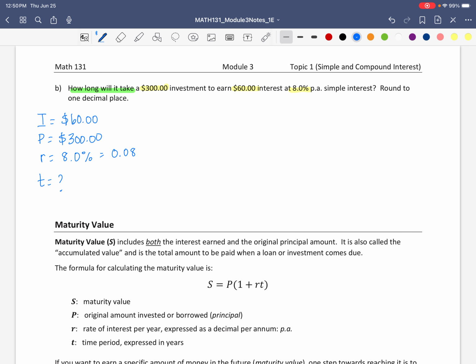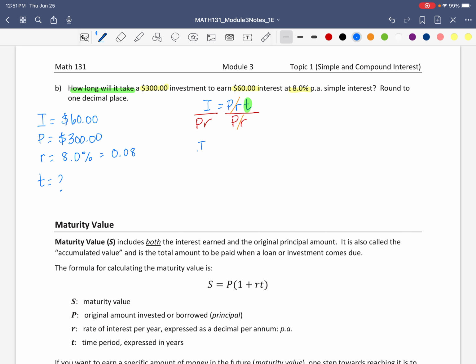Okay, so if we look at our original formula for simple interest, we have that I is equal to P times R times T. Now, what we want to solve for is this T, so we want to isolate that T first. In order to do that, I can divide both sides by P times R, and we'll see it will cancel on that side.